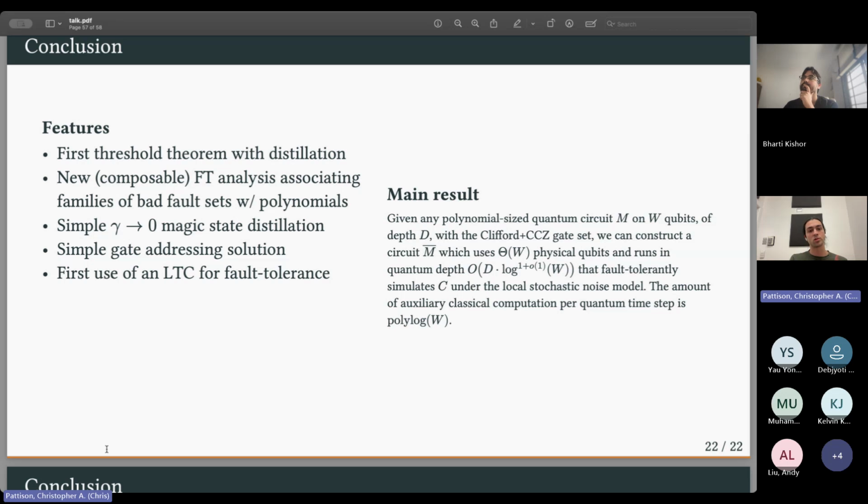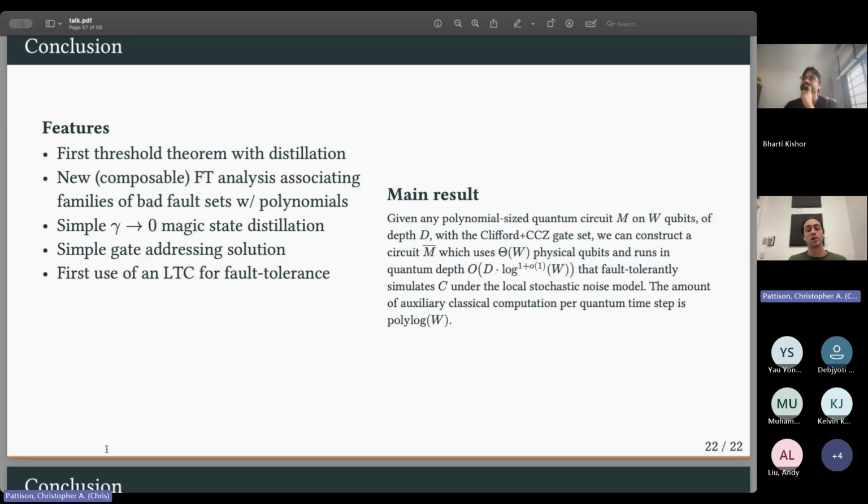We also introduced a new magic state distillation scheme that achieves this gamma going to zero, which is a simple refutation of the Bravyi-Haah conjecture from 2014. We have a simpler gate addressing solution, which I expect to be relevant for practical schemes.